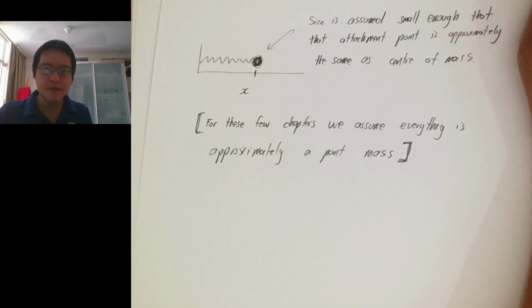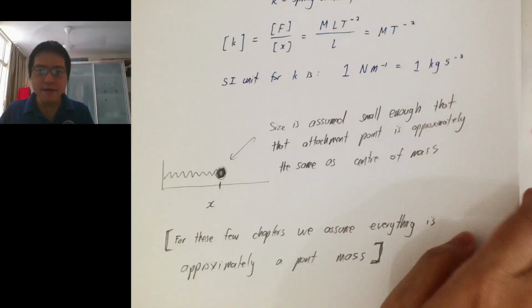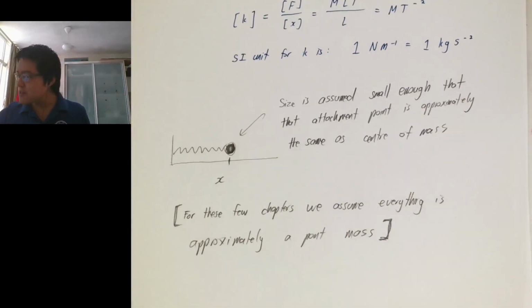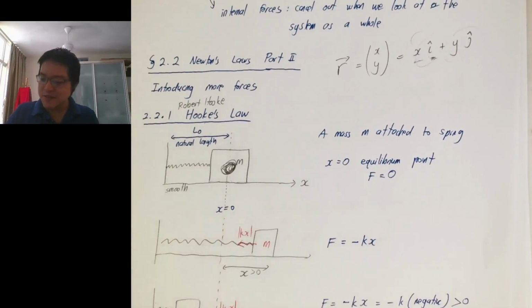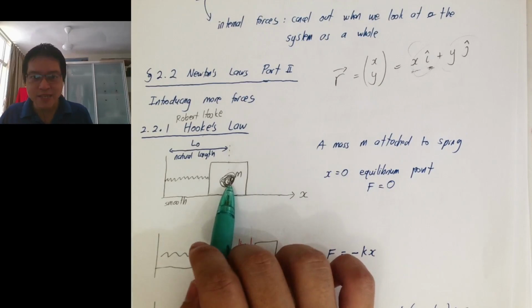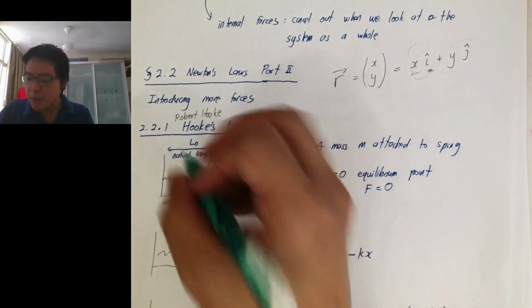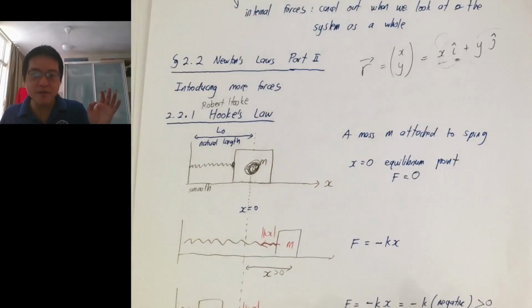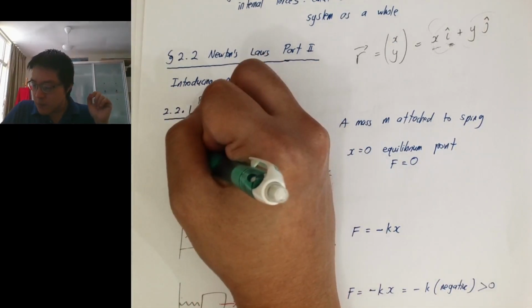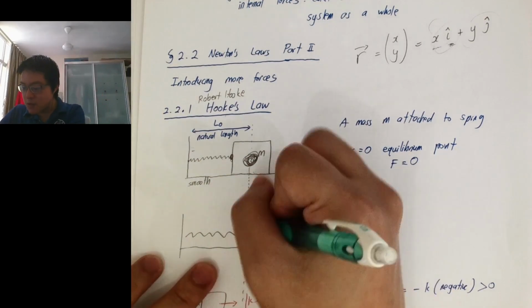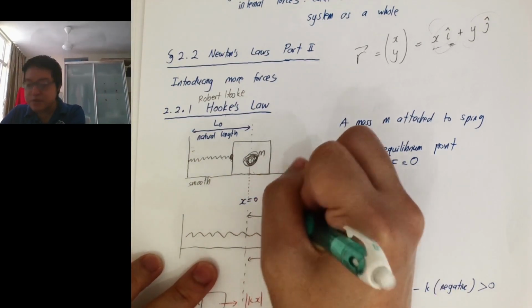So, related to the question, because just now the picture I drew was too big. It's as if the center of mass of the object is here, and the point where you attach the spring is here. Actually, the question makes sense, because what Hooke's law calculates is about the spring itself.